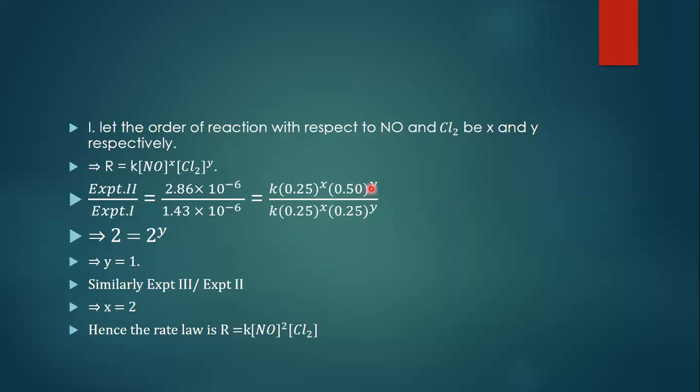So on top here, it should be 2 raised to the power negative y. Then 0.25 will also be 2 raised to the power negative 2. So the bottom should be 2 raised to the power negative 2y. So the laws of indices, when you do it well, you get this here.